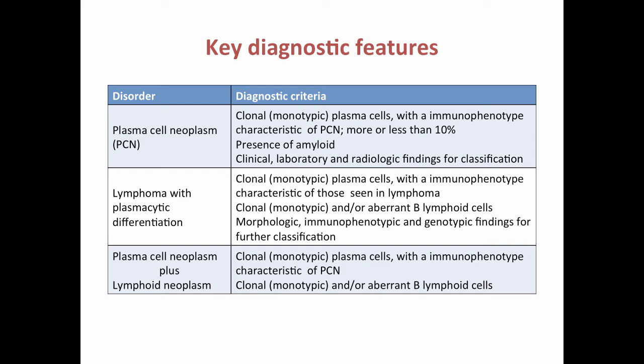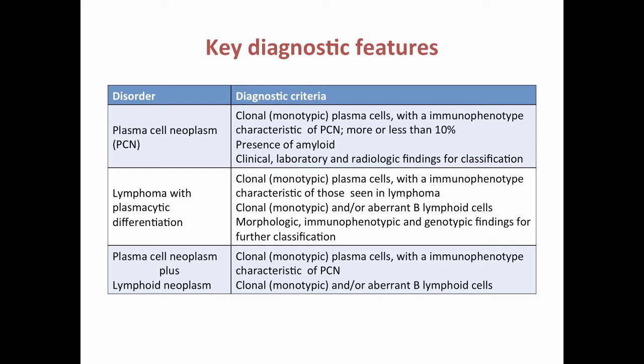Features important for a diagnosis of lymphoma include identification of B lymphoid cells with monotypic expression of immunoglobulin light chains, or an aberrant immunophenotype. As discussed later, the neoplastic plasma cells present in lymphoma with plasmacytic differentiation have a different immunophenotype than those found in a plasma cell neoplasm.